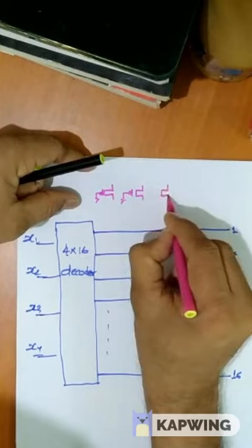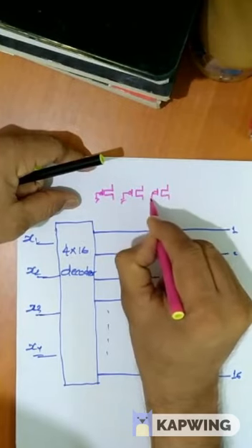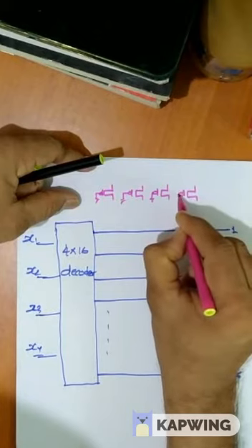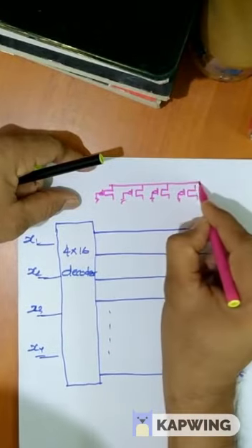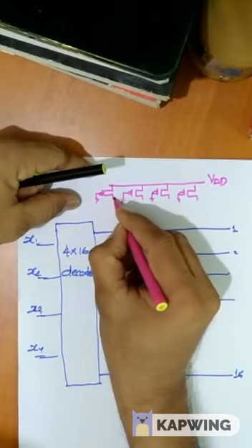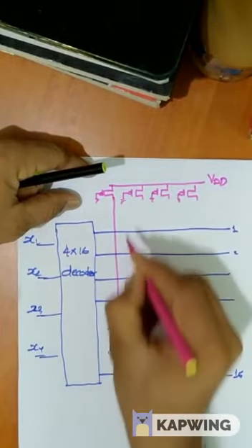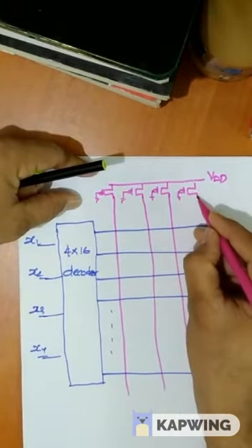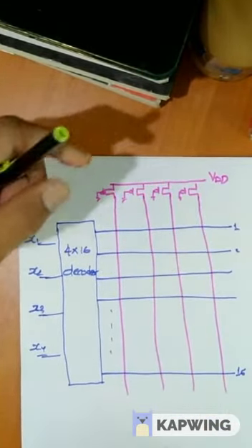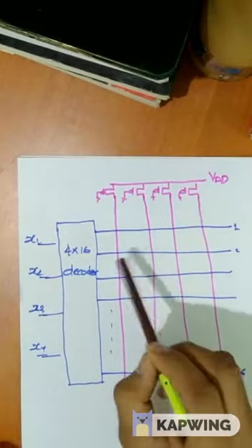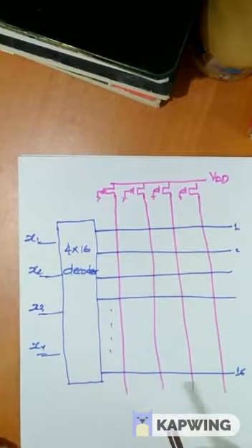This is your supply VDD. So you draw the corresponding bit lines. So there are 16 word lines and 4 bit lines. And in this interconnection of bit lines and word lines, you represent your patterns.